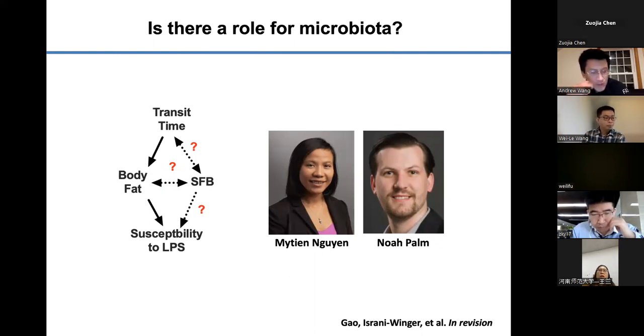The microbiome, which links all of these things, was an obvious candidate. And so we teamed up with my colleague, Noah Palm, and one of his MD PhD students, Mitian, to ask this question of whether or not there was a role for microbiota as the generator of this dynamic variability in these traits.